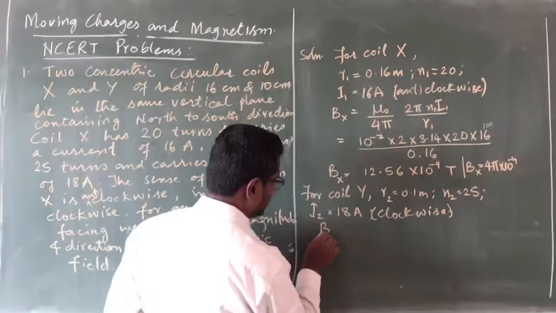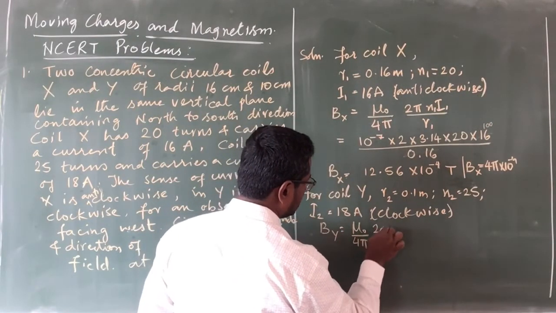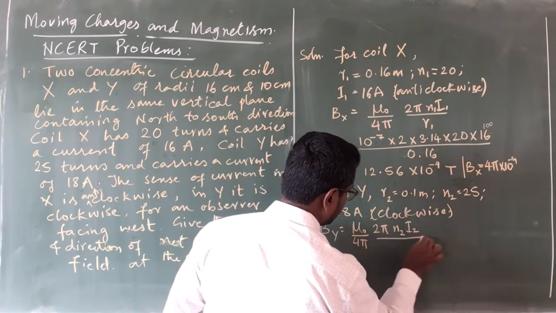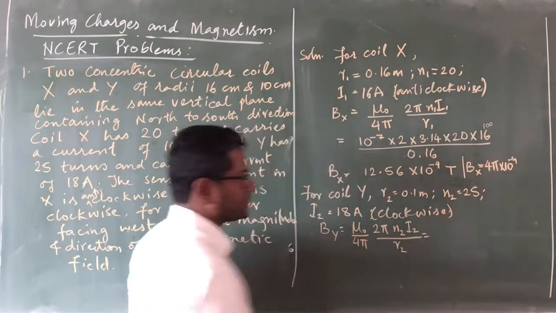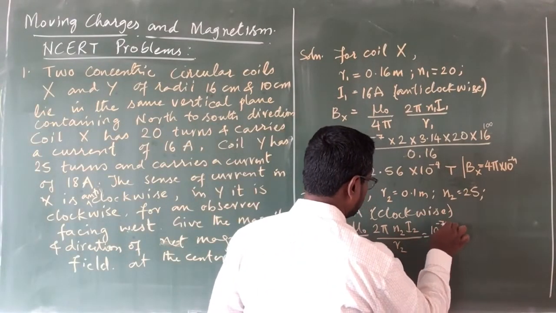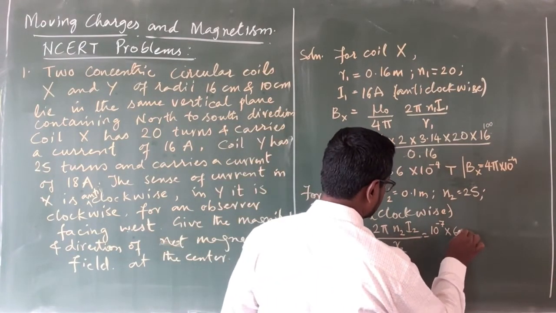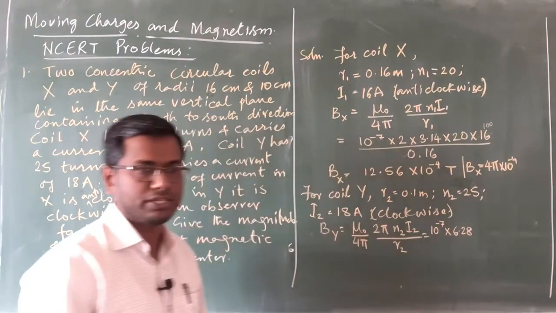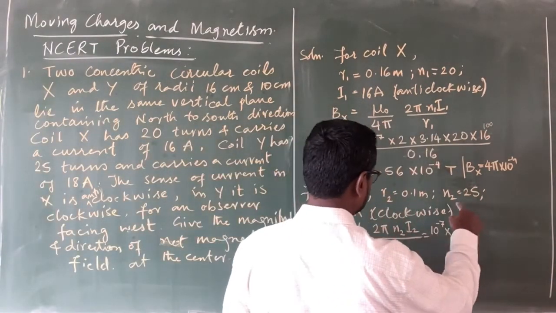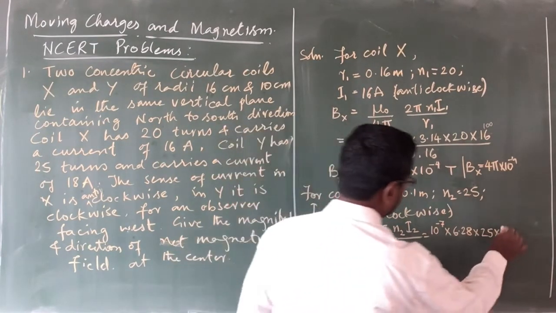So this is going to be By. It will be again mu naught by 4 pi into 2 pi N2 I2 divided by R2. I'm going to do the substitution right here. It is 10 to the power of minus 7 for mu naught by 4 pi, into 2 into pi, which I can write as 6.28, that is 2 into 3.14, into N2 which is 25 and I2 which is 18.